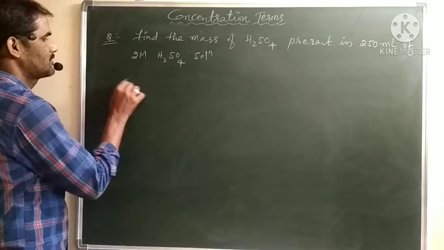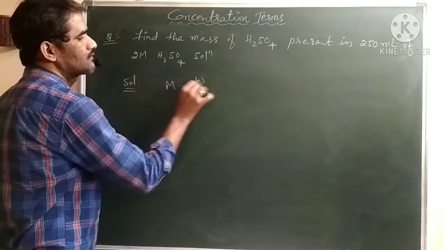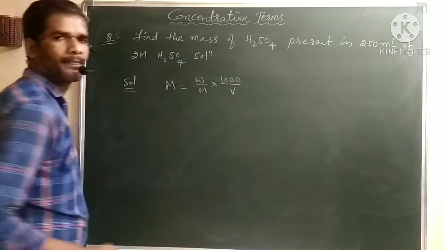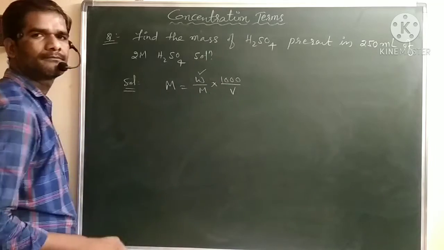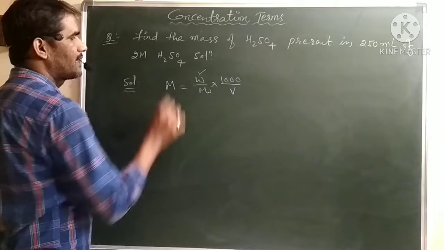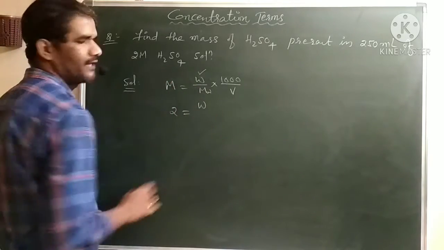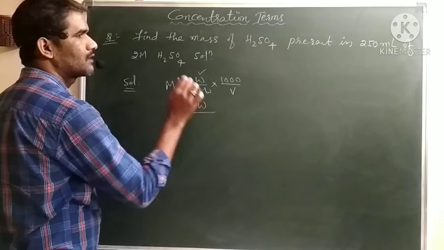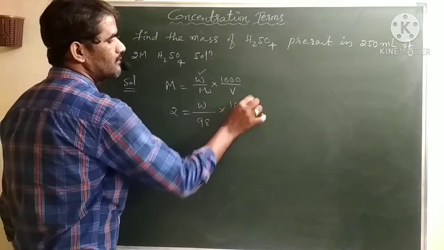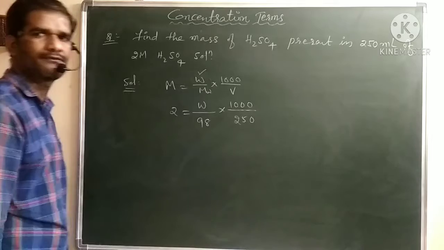So for this solution, again we have the formula: molarity is equal to weight by molecular weight into 1000 by V. We have to calculate weight. The remaining parameters are there. Here molarity is 2 molar, and weight of H2SO4 we have to calculate, and molar mass of H2SO4 is 98, into 1000 by volume, which is 250 ml, and this formula is in terms of milliliters.